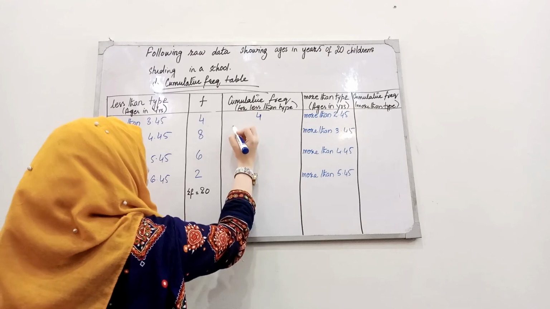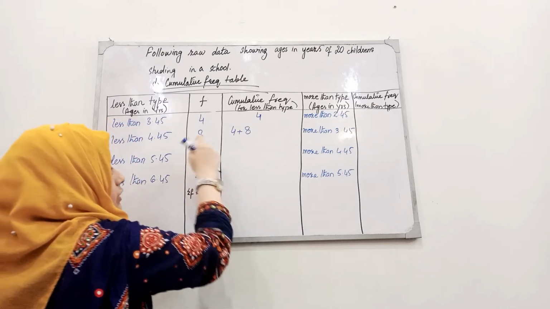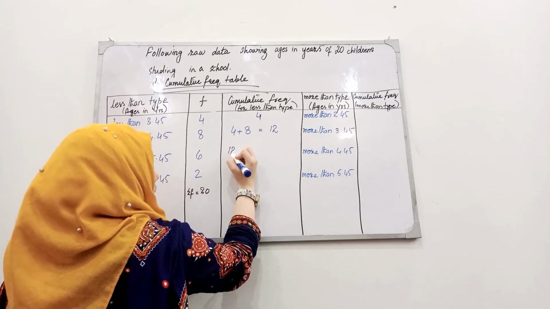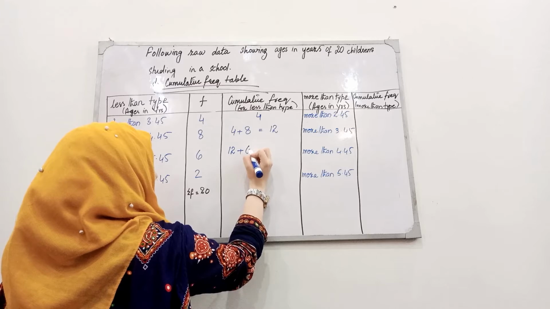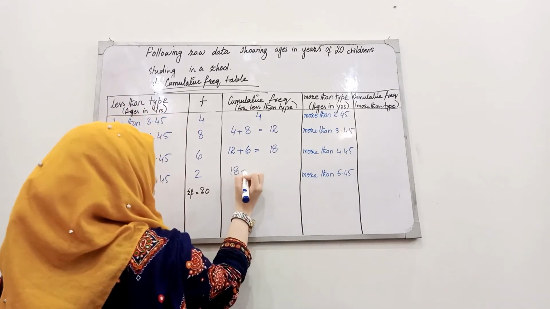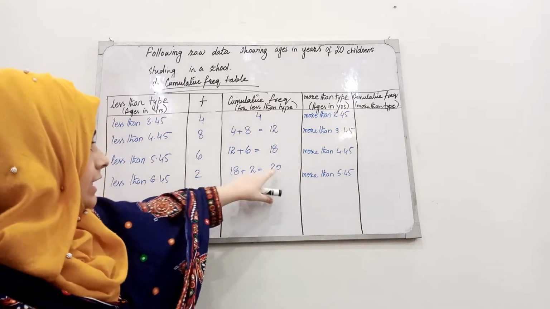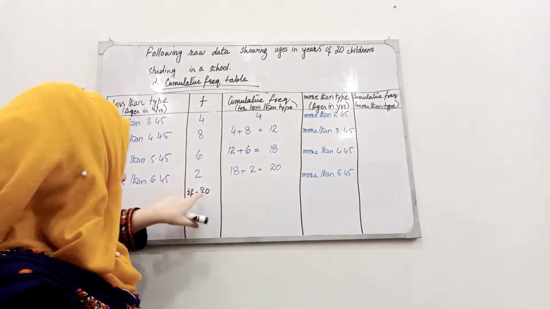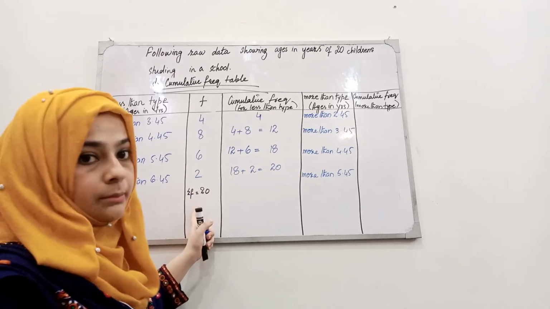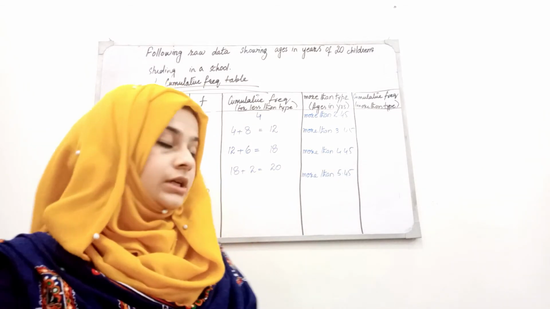Now the 4 will fall into the next class, and by adding the frequency of that particular class, which is 8, it equals 12, then it falls into the next class and adding 6 gives 18, and 18 plus 2 equals 20. It will be equal to the total frequency. If this is not equal to the total frequency, that means there is an error in the addition.